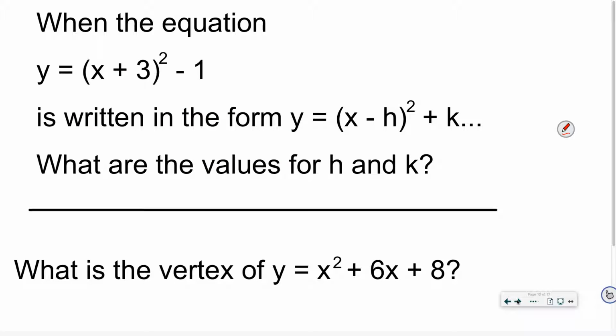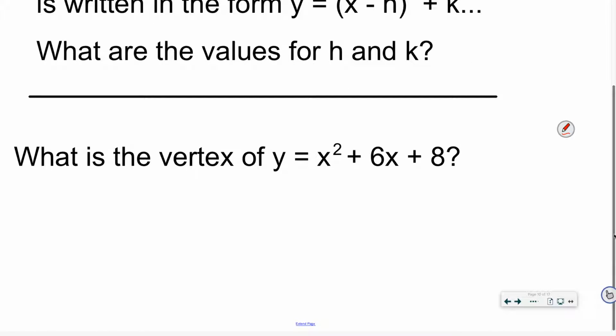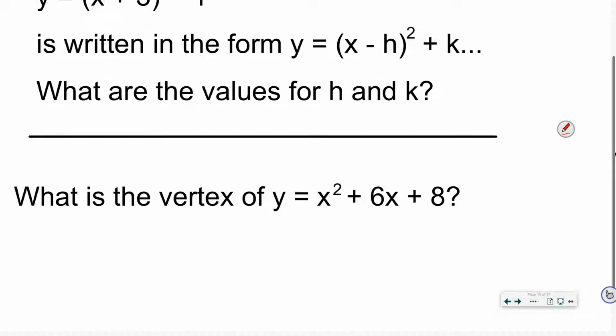Now, if we kept it in this format, how would I have found the vertex? If I kept it like this, what would I do to find my vertex? I would need to know the axis of symmetry first. If I kept it like this, how would I have found the axis of symmetry? Check your calculation.